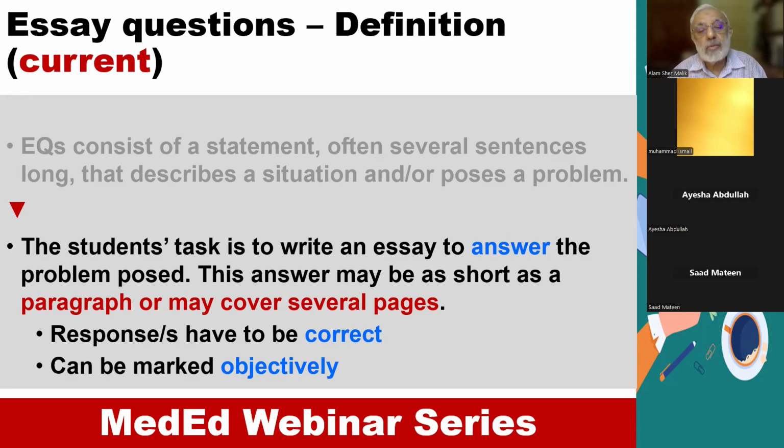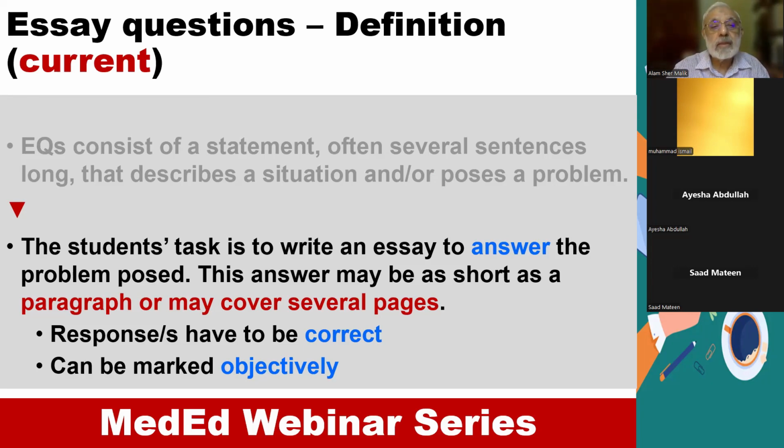You can see how much difference there is between the two definitions. Here, the old definition says that there may not be a single correct answer, but the type of essay questions we are talking about now must have a correct answer, and they should not be marked subjectively, but objectively.